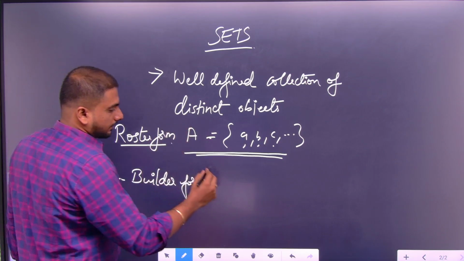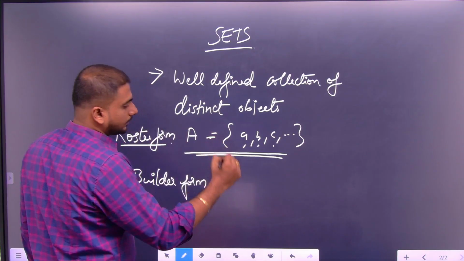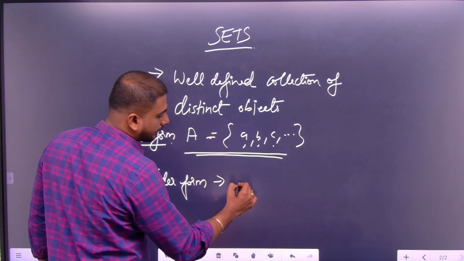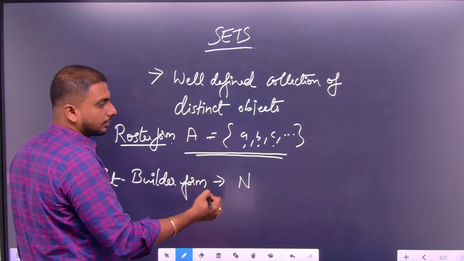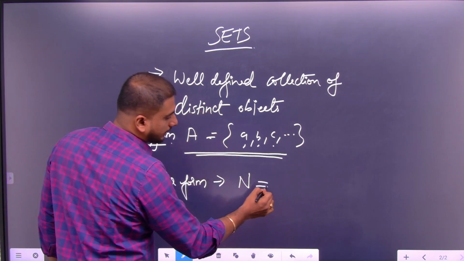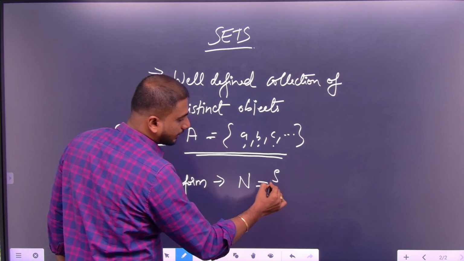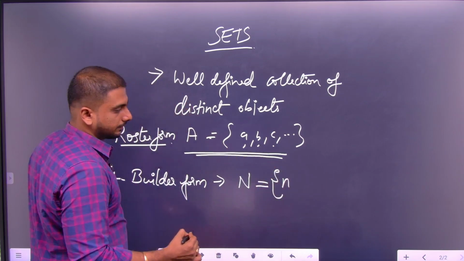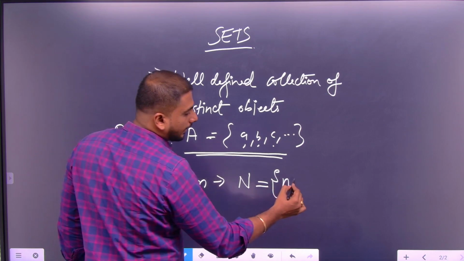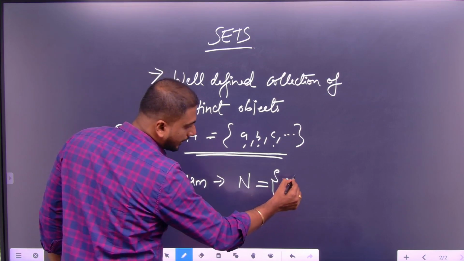What is this? For example, if I write N, as we already saw earlier about natural numbers, N is a set such that it has a variable n inside it, and there goes another pipe symbol.